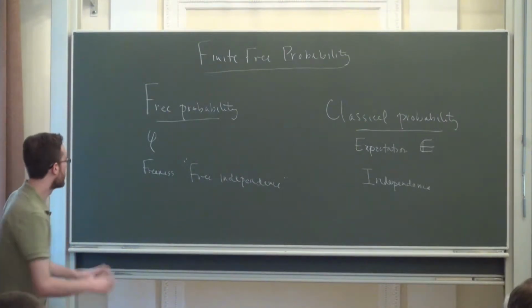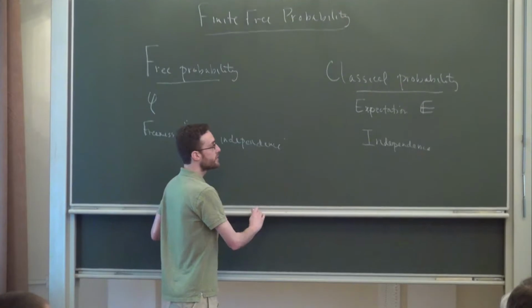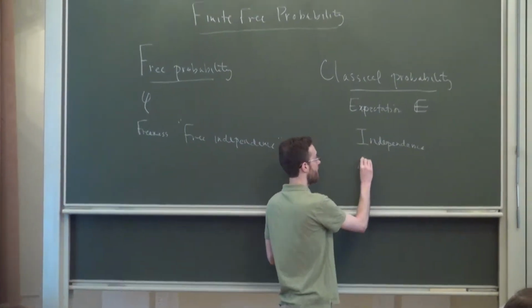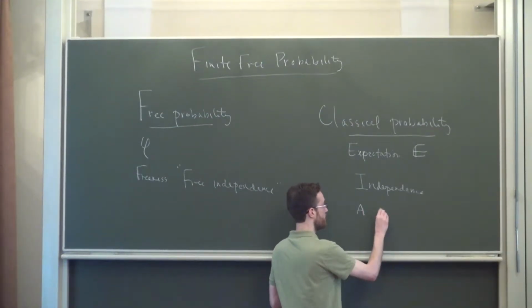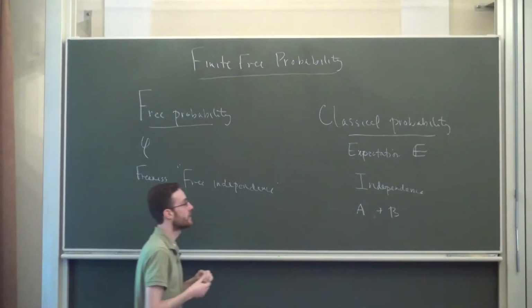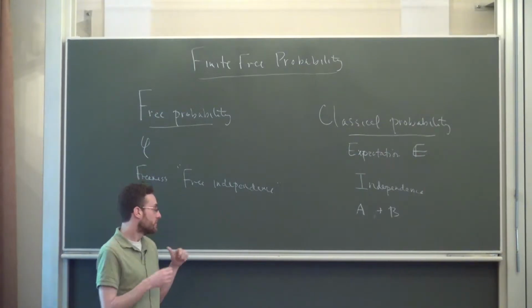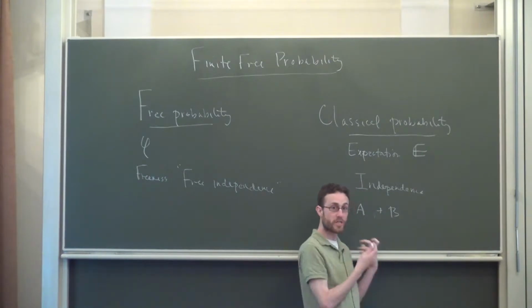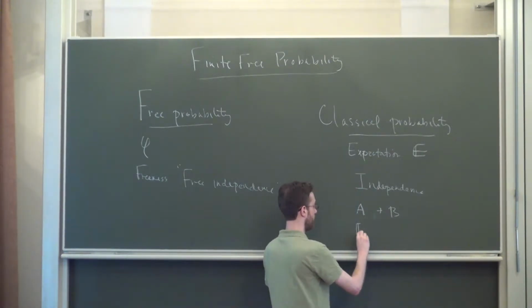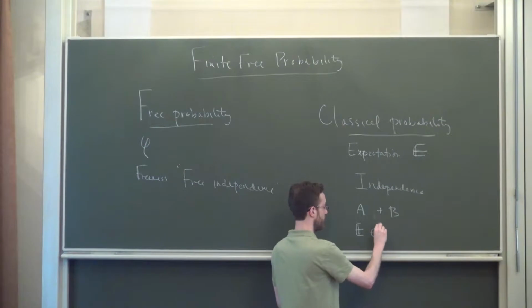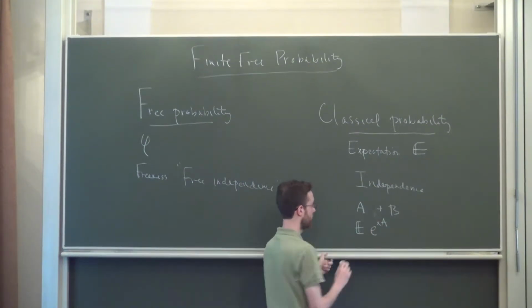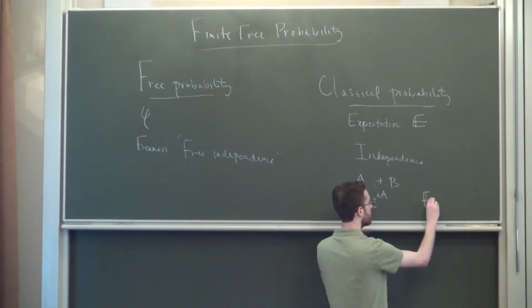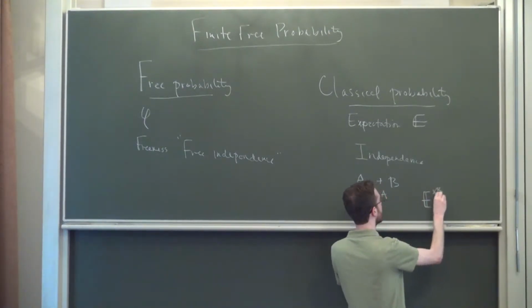OK, so over here, if you wanted to add two probability distributions together, let's say you have A, and you want to add it to B, two random variables, the way you pedantically do it is you would first find the moment generating function, which is e to the x a. And then you would take the other moment generating function, e to the x b.